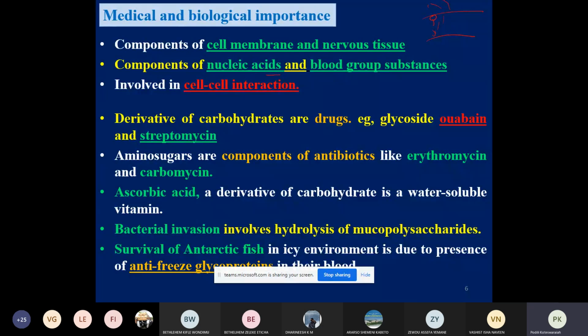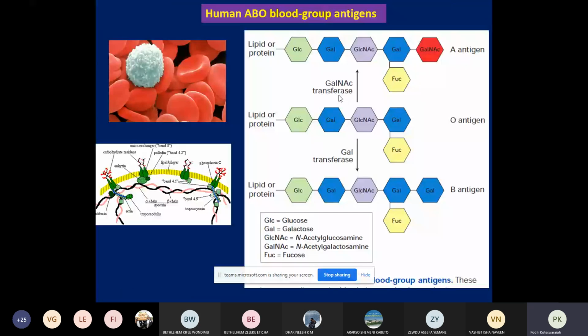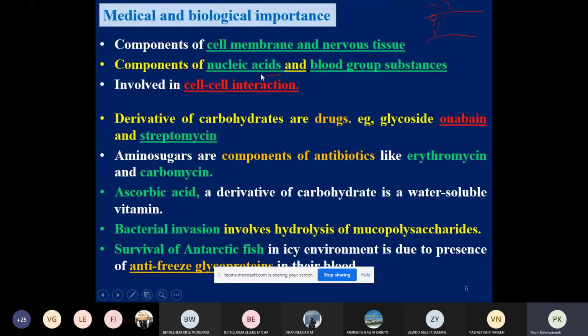Nucleic acid is a polymer of nucleotides, and each nucleotide is composed of a nitrogen base, either deoxyribose or ribose, and phosphate. So carbohydrates are also components of nucleic acids, and they are involved in the formation of blood group substances.